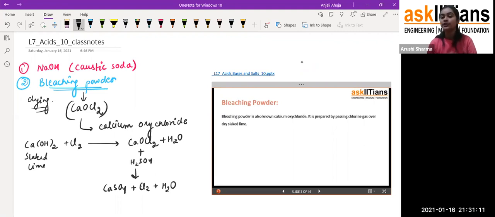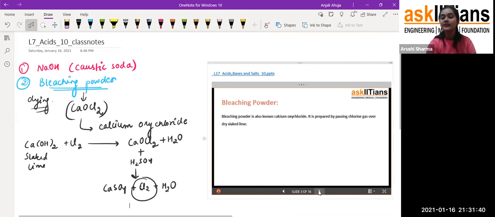If we don't want to transfer disease from one person to another, then on a regular basis they clean the water by using chlorine as a disinfectant, so that any infection or bacteria present in the water is killed. So this is the property of bleaching powder: by reacting it with H2SO4 we get chlorine.